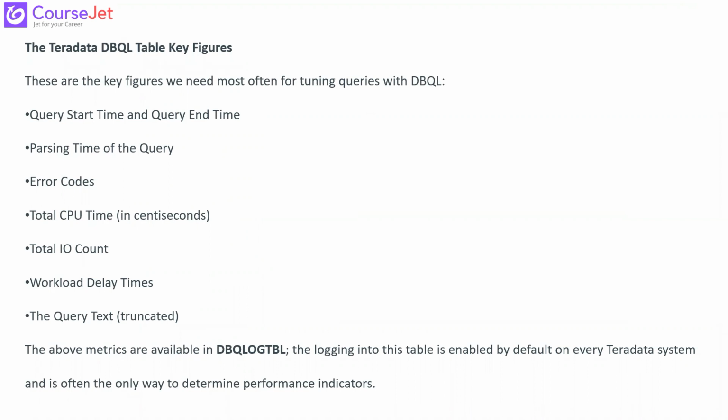These are some of the DBQL table columns which we discussed earlier: query start time, query end time, parsing time, the error codes, total CPU, IO, workload delay, and query text. Again, it is truncated. So these are some of the columns you will be referring to when you are checking on this slide.